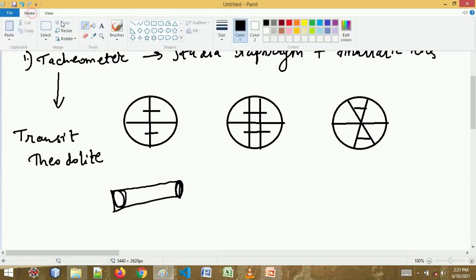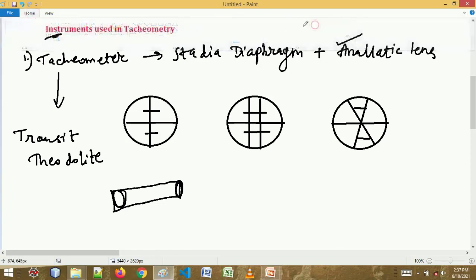You can see here, these are two horizontal lines, line number 1 and line number 2. These are two horizontal hairs, called stadia hairs. This is stadia hair number 1 and this is stadia hair number 2.